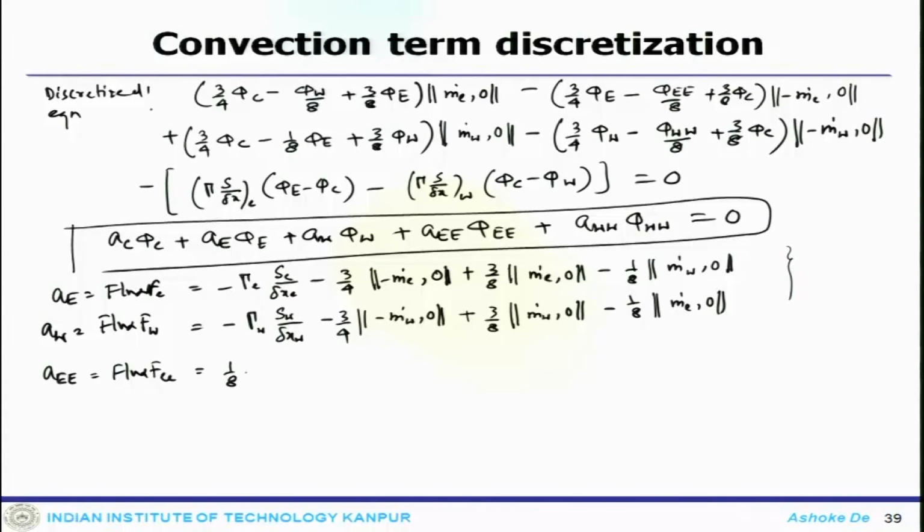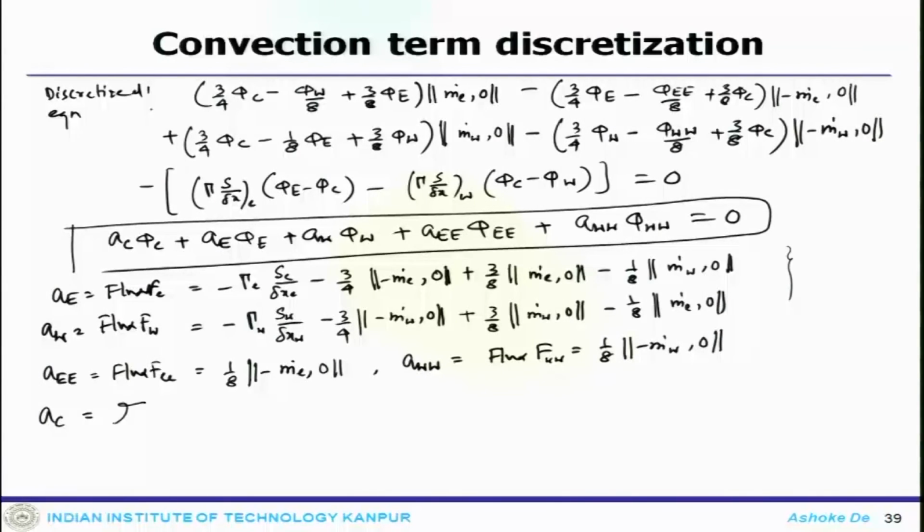Only thing you will see is the differences in the coefficient calculation. Now, A W W equals the flux F W W, which equals 1 by 8 m dot W 0.